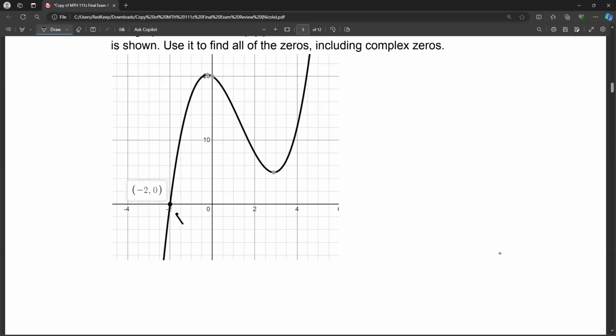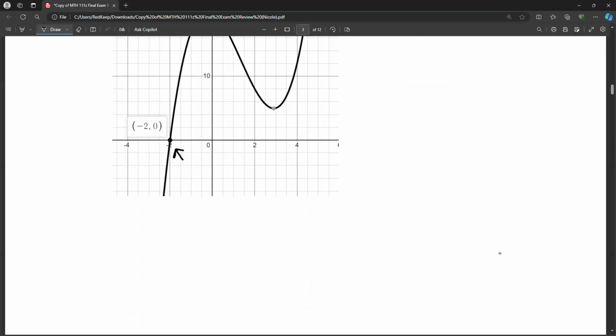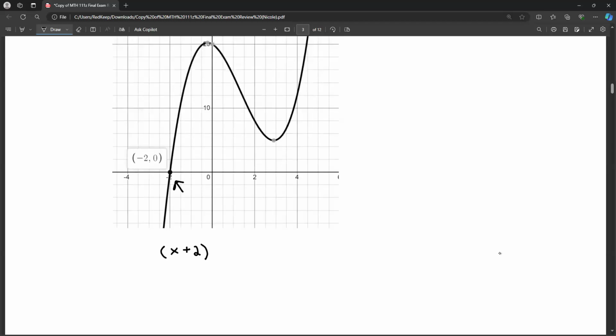It's here at x equaling negative 2, and the output, since we're on the x-axis, is equal to 0. This implies that x equaling negative 2 is a zero. So if we were writing this in factored form, there must be an x plus 2 factor. Okay, they're calling this f of x.